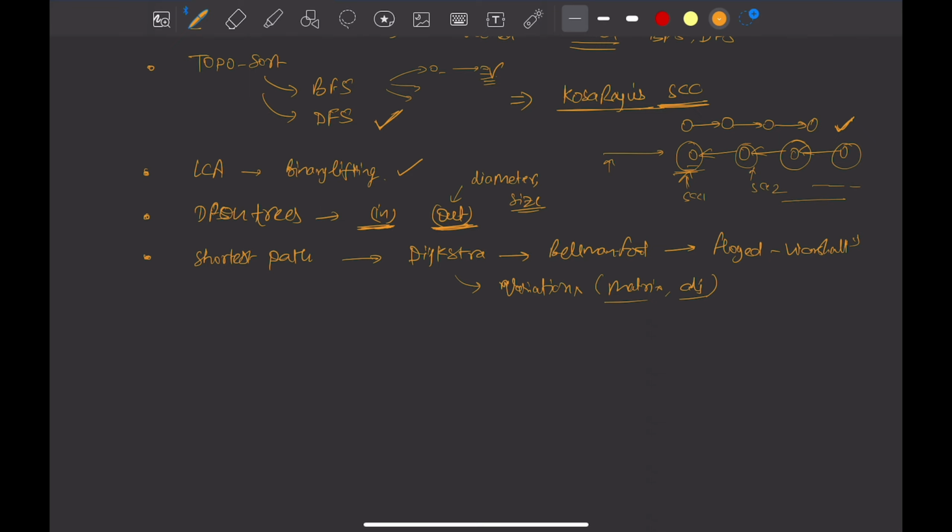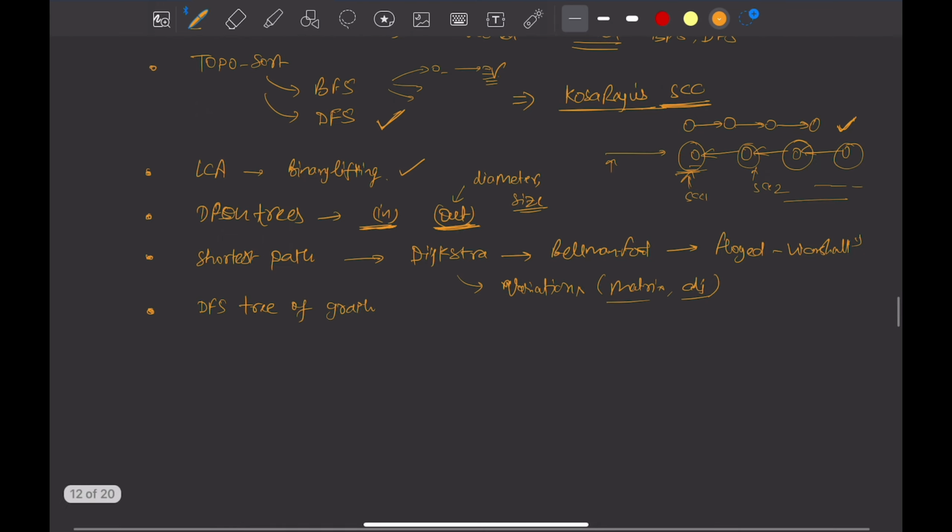Once the shortest path is over, I solved the question related to the DFS tree of graph or anything else. No, I think LCA and DP on trees and shortest path in DFS tree of graphs. I think it started with the DFS low linking.